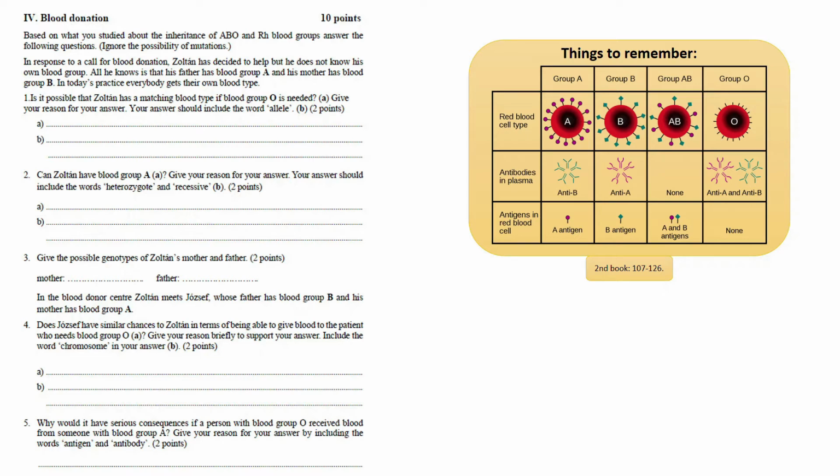so you have to support your statement as well. When you answer this question, keep in mind that A and B alleles are dominant alleles over the O, but when the A and B alleles are present together, they are codominant to each other, so both of them will affect the phenotype. Okay, keeping in mind the inheritance pattern of this blood group, we can simply state that it is possible that Zoltán has type O blood if both of the parents are carrying the O allele and they pass it to Zoltán.